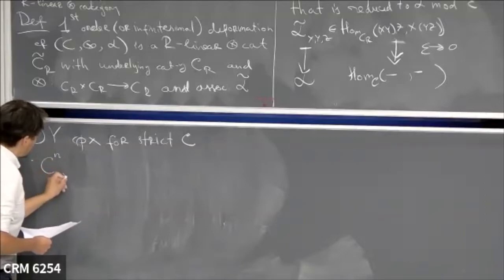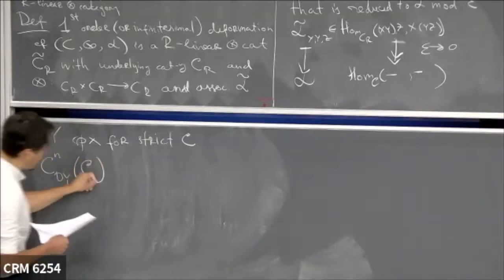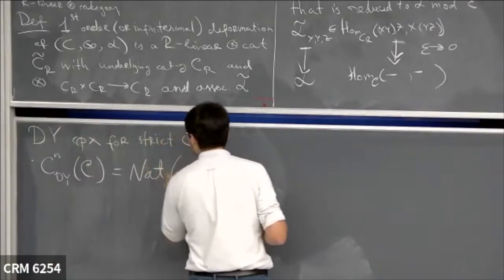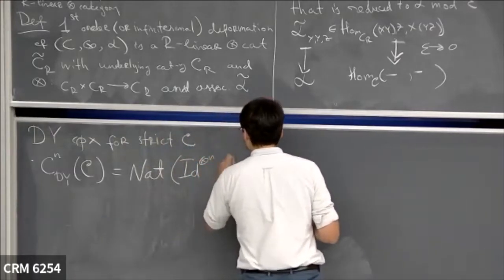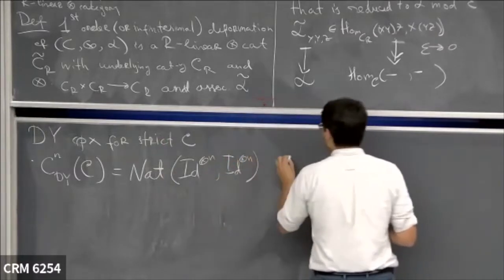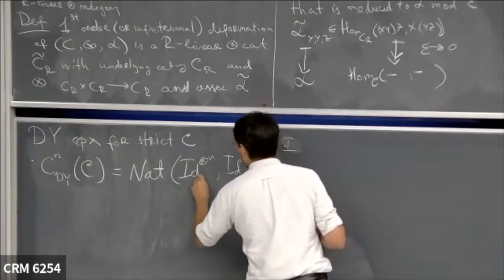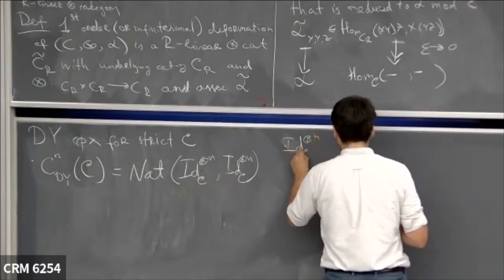The cochain spaces in my complex for a given category C are natural transformations of certain functors. I denote them identity tensor n to identity tensor n. What is identity? It's the identity on C, so identity tensor n on C.